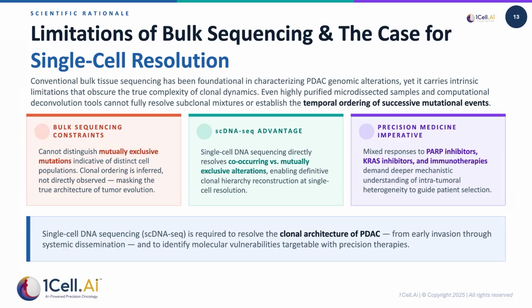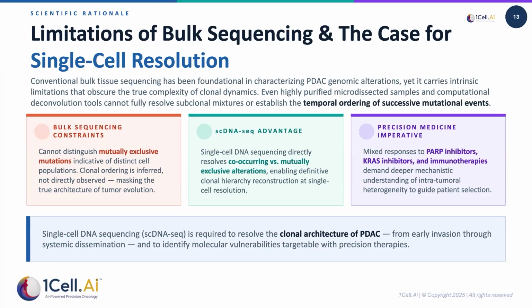So if we do single cell sequencing, we can see, are there co-occurring versus mutually exclusive alterations in different cells? Might this explain mixed responses to drugs like PARP inhibitors, KRAS inhibitors, and immunotherapy?